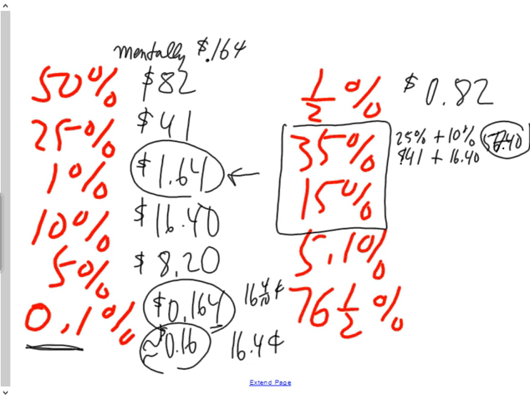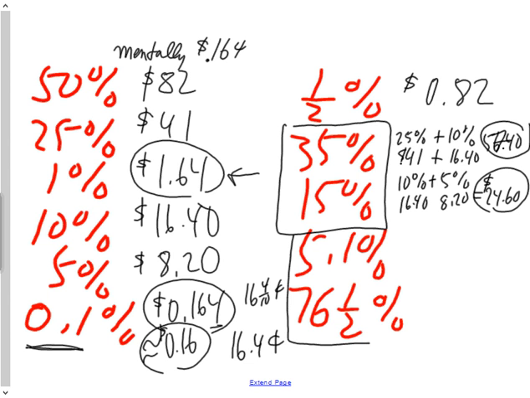Thank you, $57.40. 15% is, of course, going to be the sum of 10% and 5%. 10% we know to be $16.40. 5% we know to be $8.20. So together, you have $24.60. All right, and that would be the sum for 15%.